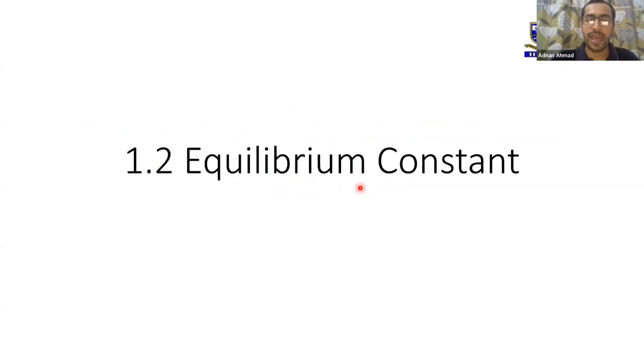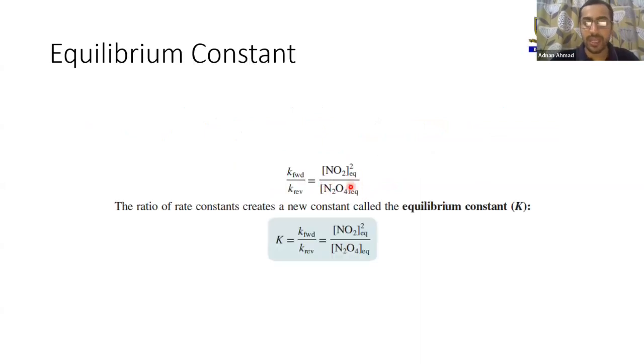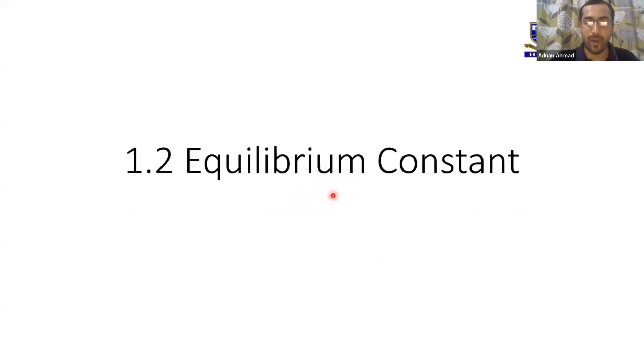Then we discussed the equilibrium constant. What is the equilibrium constant? It is the ratio of the concentration of the products to the concentration of the reactants. We write the products on top and the reactants at the bottom.